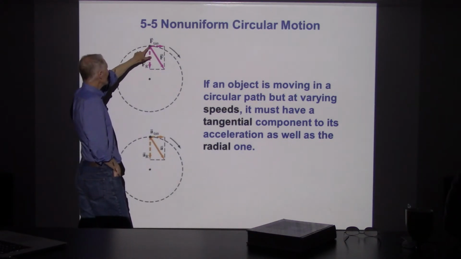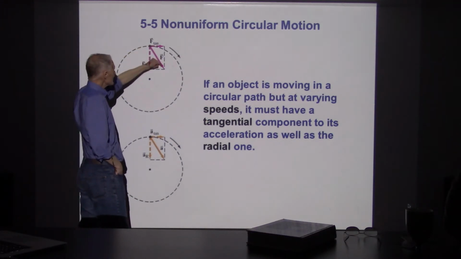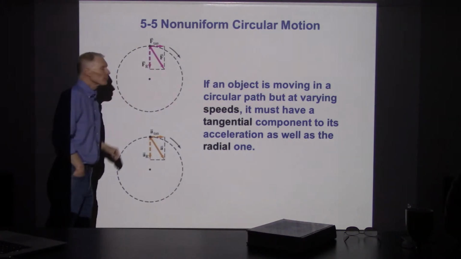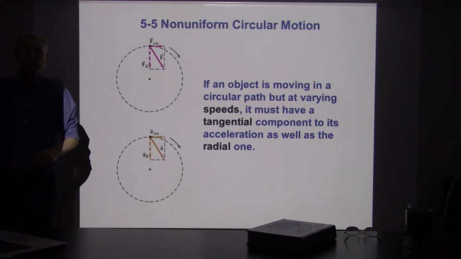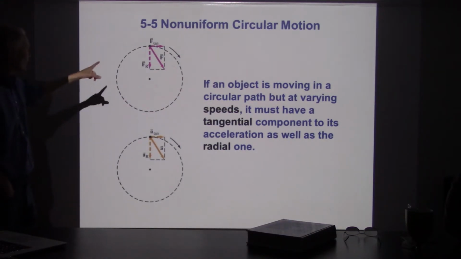In order to have a tangential acceleration, I'm going to need some kind of a force in the tangential direction. Maybe it's the same force providing both, but often it's not. Often it is easier to think of this as happening in two independent directions rather than combining them into one vector.